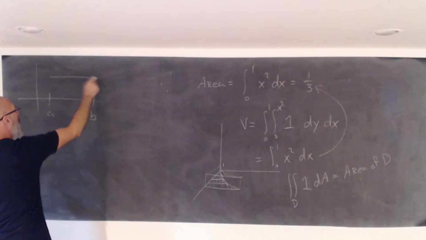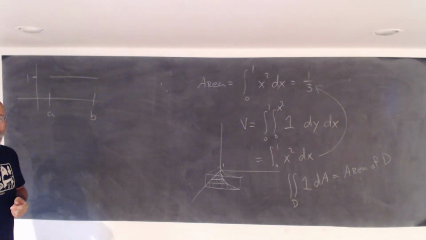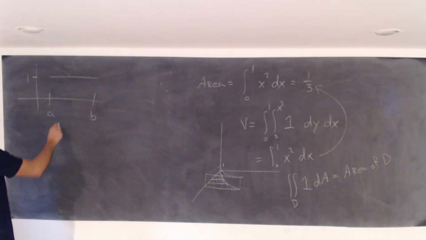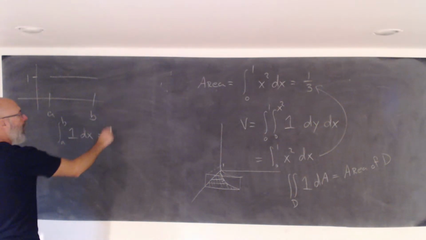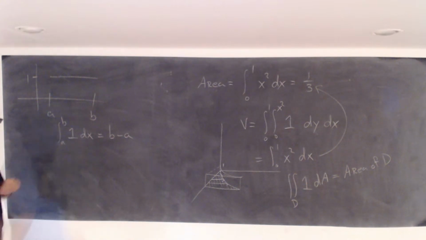In the same way that if you were integrating a function which is always 1 over an interval AB, what would that give you? That just gives you B minus A, which is the length of the interval.